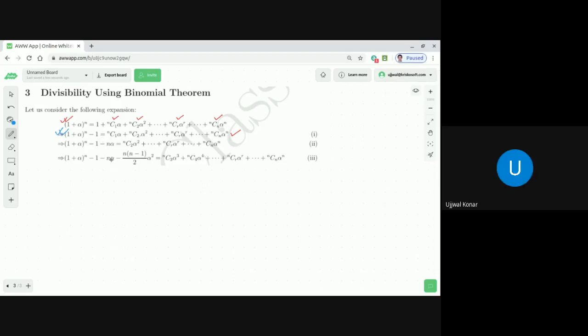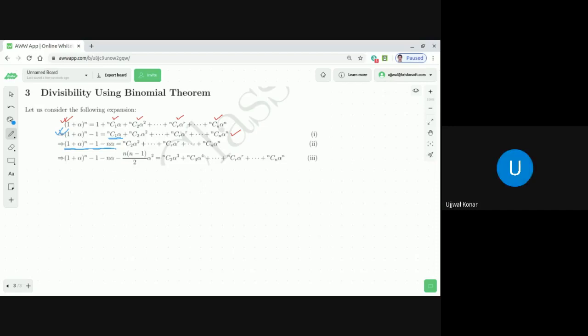Then what happened, dear students, is that 1 plus alpha power n minus 1 minus n alpha, if we take this thing to the left hand side, then we get 1 plus alpha power n minus 1 into alpha minus n alpha, and that is equal to NC2 into alpha square plus dot dot dot plus NCr into alpha power r plus dot dot dot up to NCn into alpha power n.